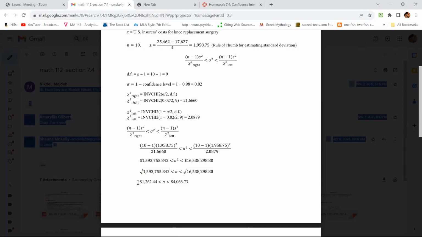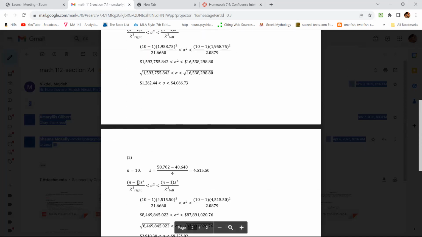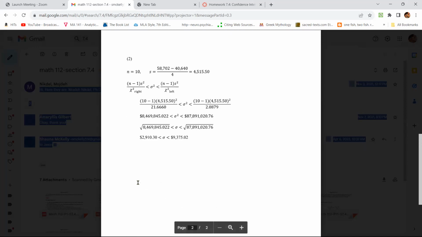So those 2 answers for the first part. And then she does a similar procedure for the retail piece. It doesn't show the calculator procedures, but does show all of the math here.